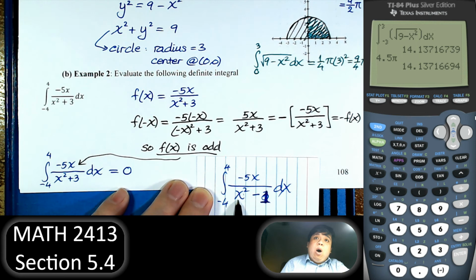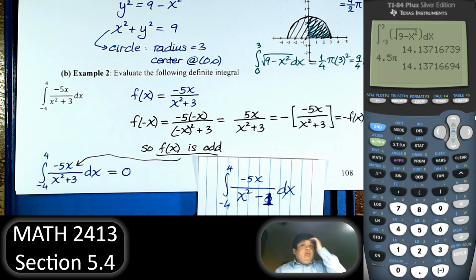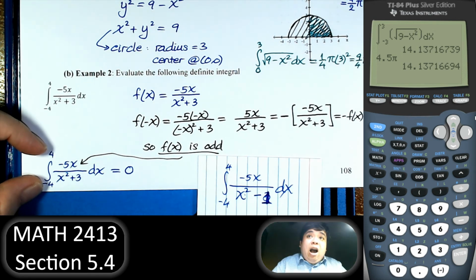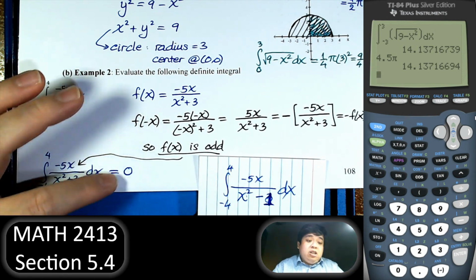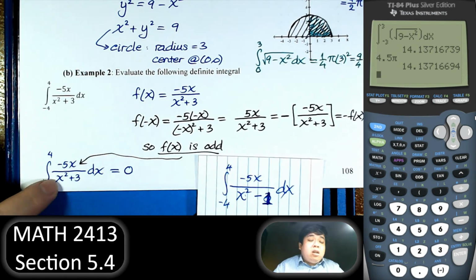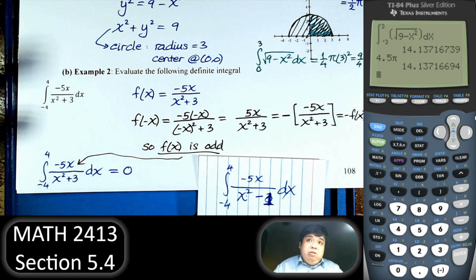When x equals 1, this function is undefined. Whatever we use here will not apply to that. So be careful when we say the limits are opposite and the function is odd, it is equal to 0. Yes, but make sure the function inside has to be defined as well. Because if it's not defined, we don't know what the height is and we don't know what the area will be. That will be tricky.